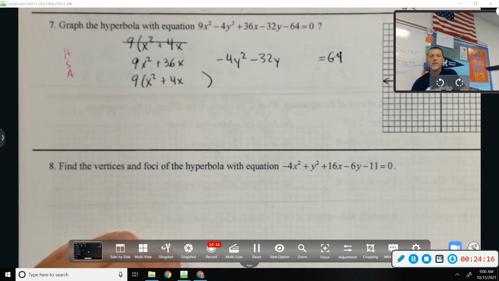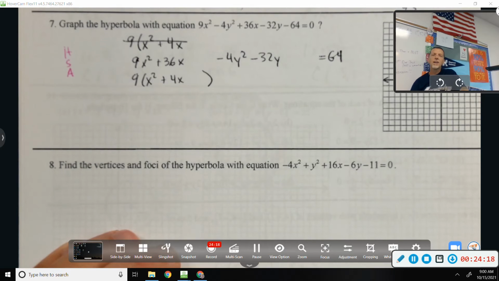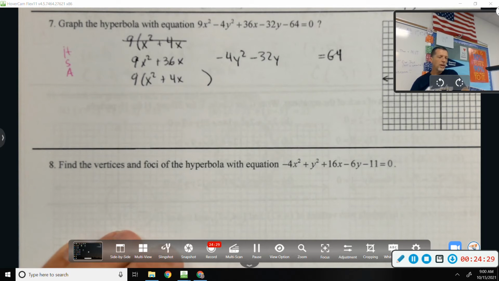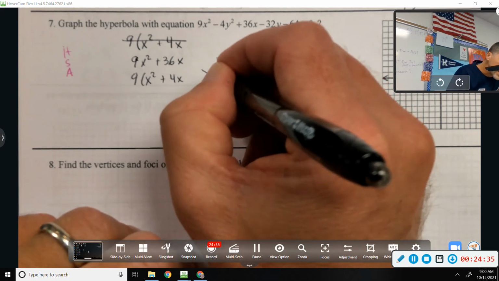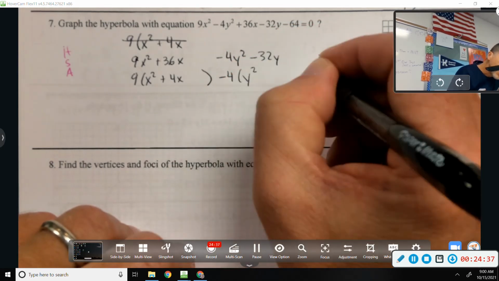Do you have to, or just make it simpler? I have to. Well, I don't really want to take half of 36 and square it and add it to both sides. I could, but that would just be a really long way around. What about from the y stuff? What do I want to factor out of the y? -4. Let's be very careful here.